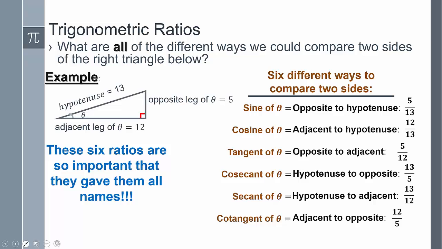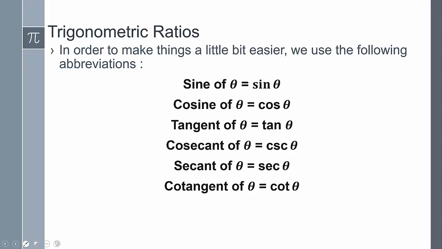This is something that we examine a little bit more when we get to pre-calculus. So, to make it easier for us to write, instead of writing sine of theta, cosine of theta, or tangent of theta, this is how we abbreviate them. This is not sin, it's sine of theta. This is not cos, this is cosine of theta.